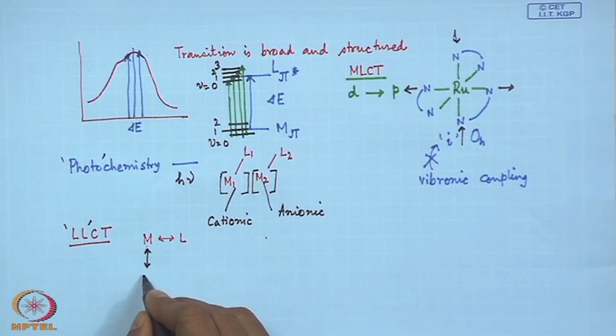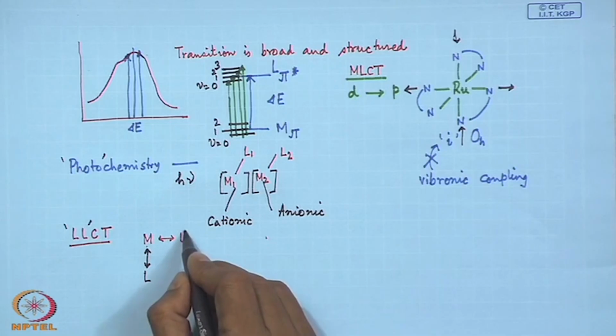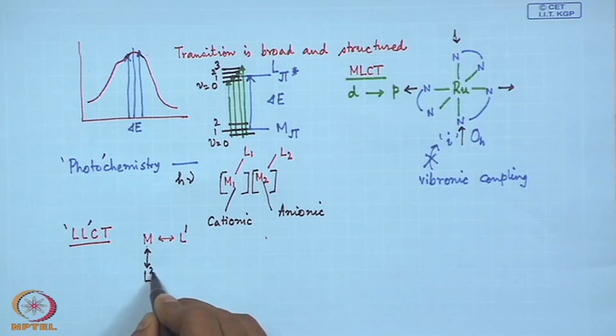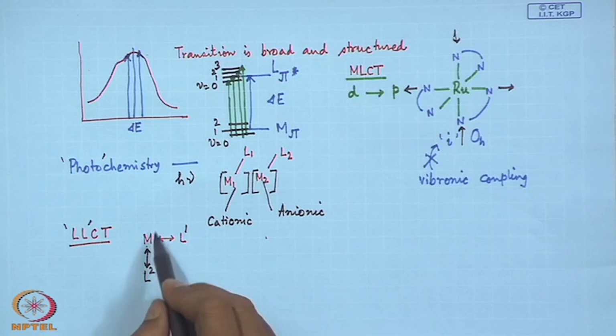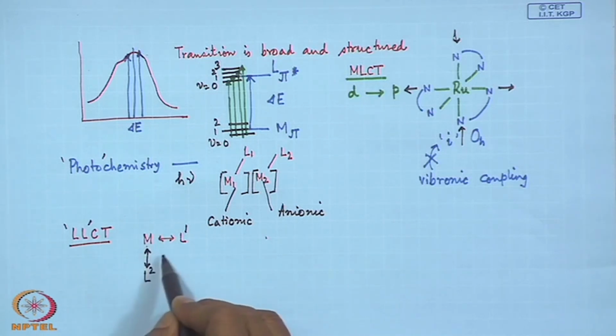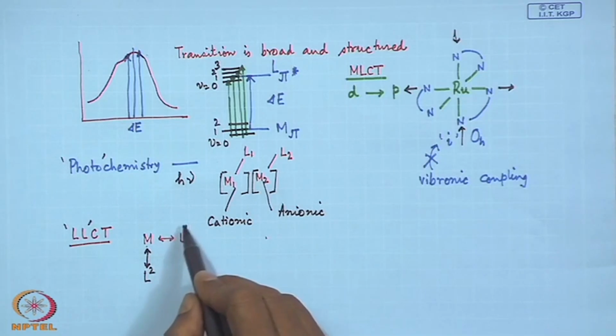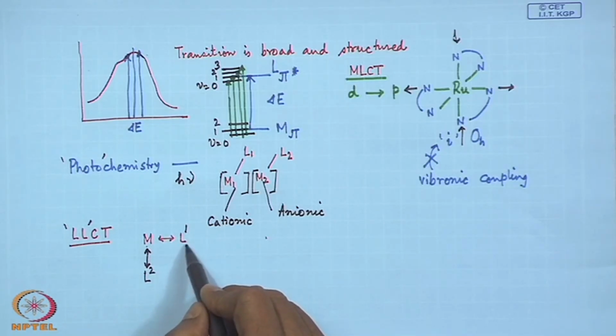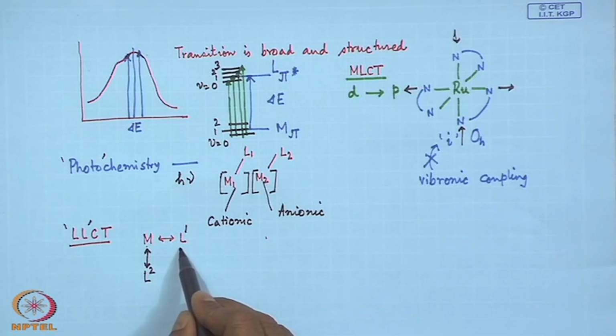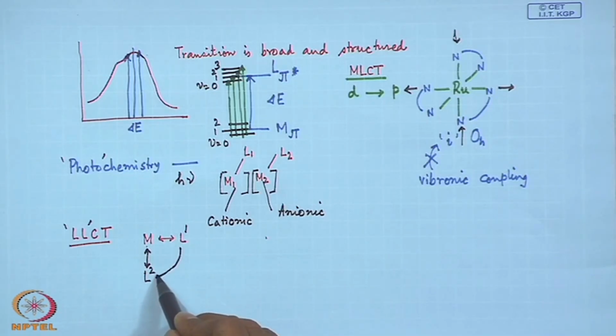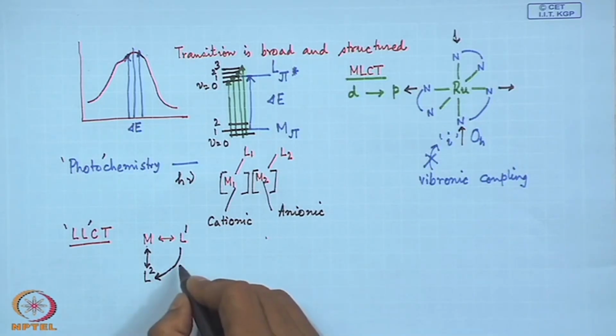If L1 is one type of ligand and L2 is another type of ligand, and they are still bound to the metal center, but one type of ligand is highly oxidizing and the other is highly reducing, then the reducing ligand center can transfer the electronic charge to the oxidizing ligand center.